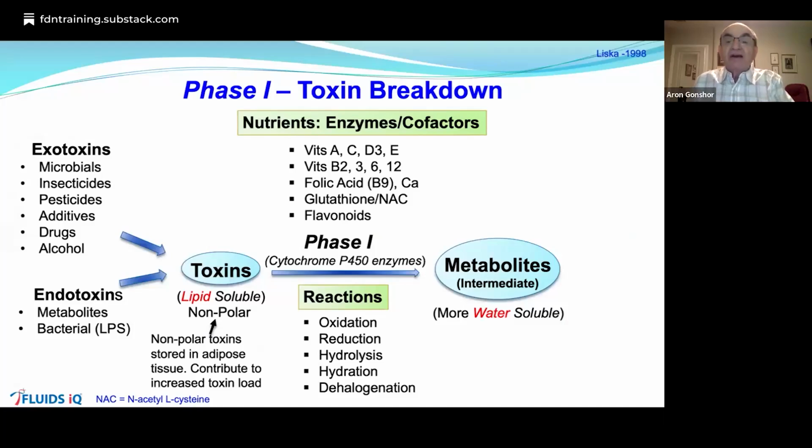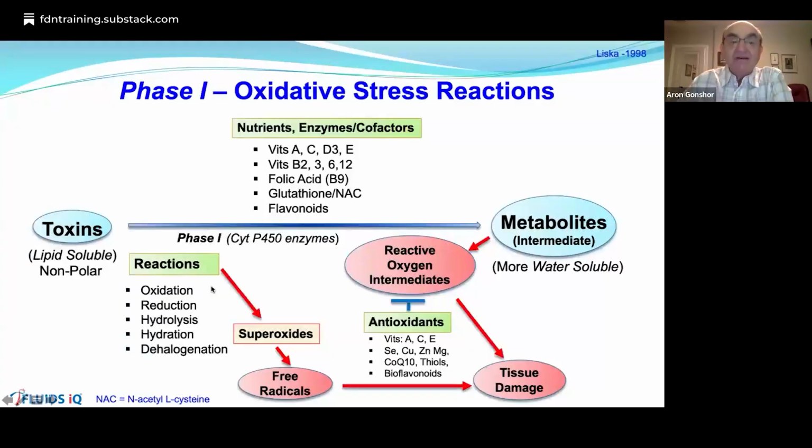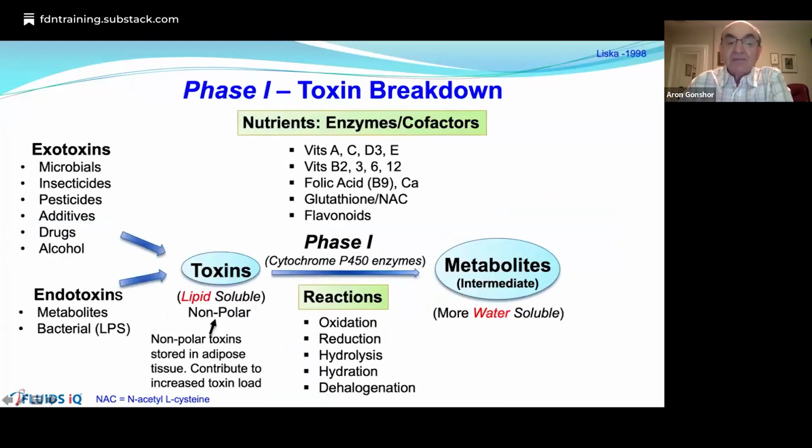Well, what's phase 1? Phase 1 is really breaking down the toxin to begin with, because you've got exotoxins, you've got endotoxins, including a very important one, LPS, which we're going to have a separate session on. It's very important. And you take toxins which are actually lipid soluble. Lipid soluble means that they go into lipids very easily, but not into water.